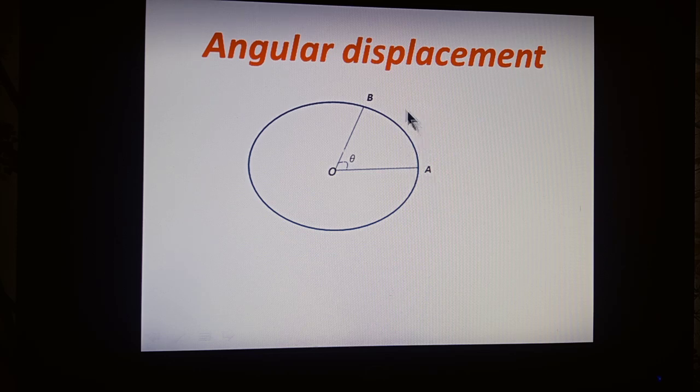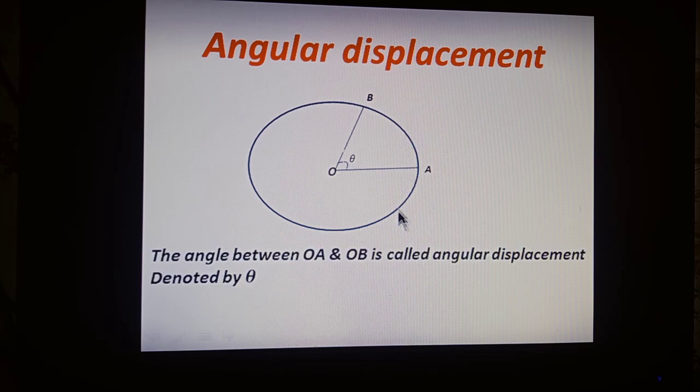Students, AB is the arc and OA or OB represents the radius of the circle. Now the angle between OA and OB is called, as I told you, angular displacement, and it is denoted by theta.